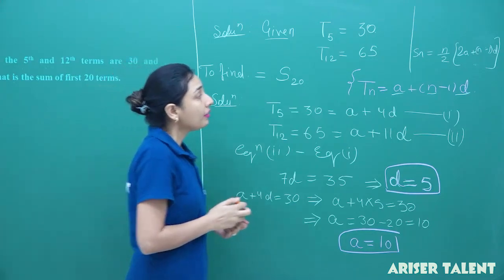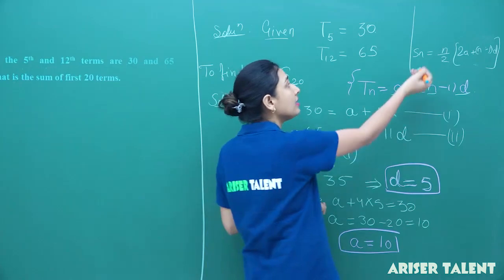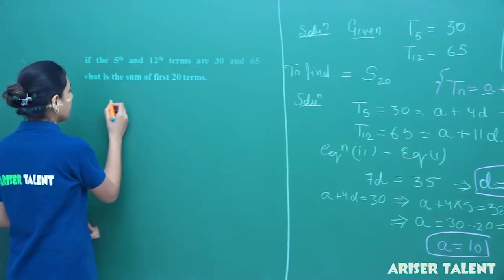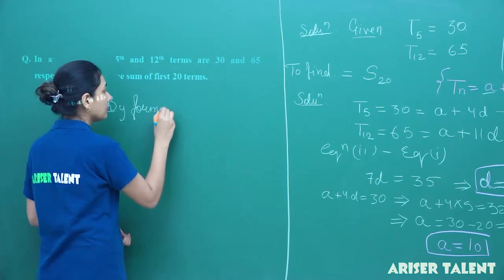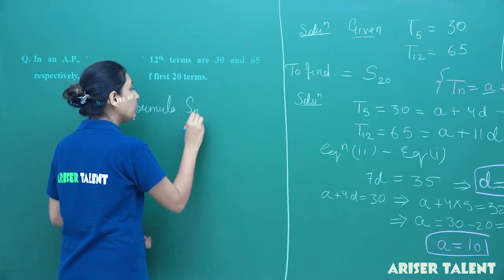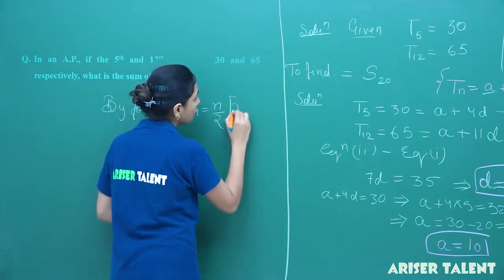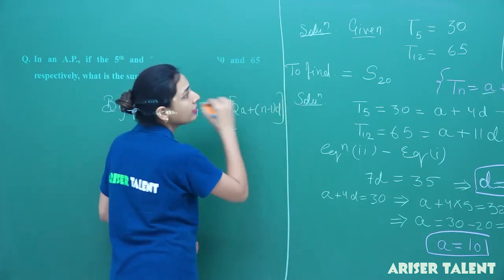So can I find the value of Sn, because these three parameters are used in Sn? So okay. By formula, Sn equals to n by 2, 2a plus n minus 1d, right?